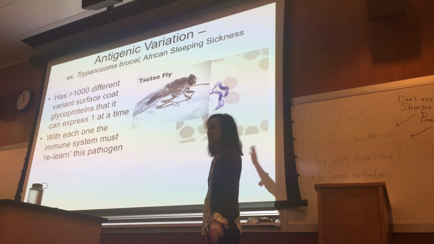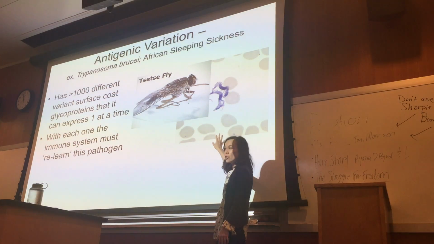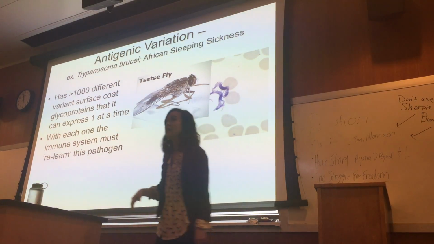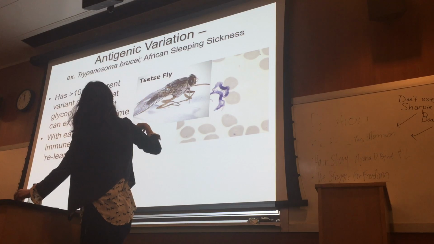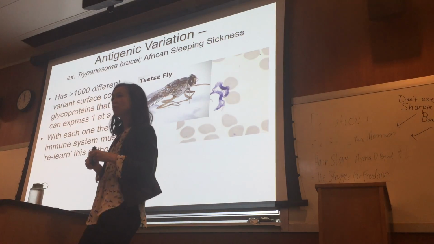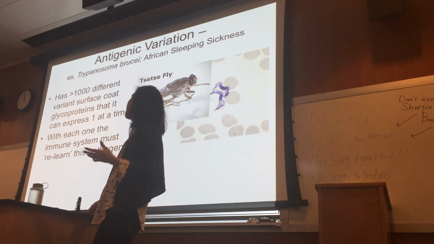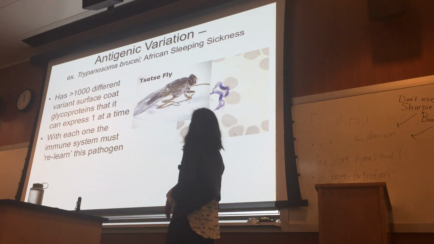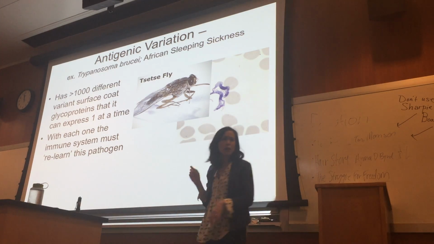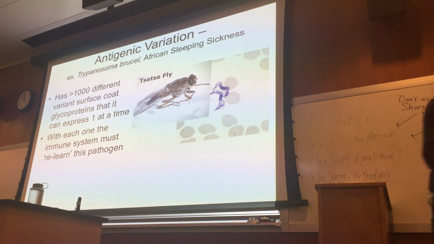Eventually it crosses your blood-brain barrier and infects your brain and spinal cord. That's why it's called sleeping sickness, because usually people slip into a coma and it ends up being fatal at that point. So that's another antigenic variation example.